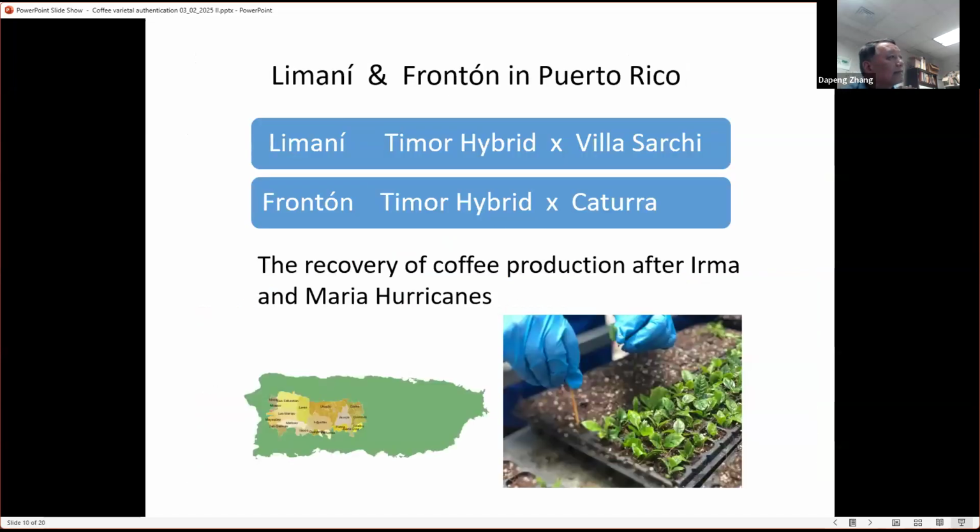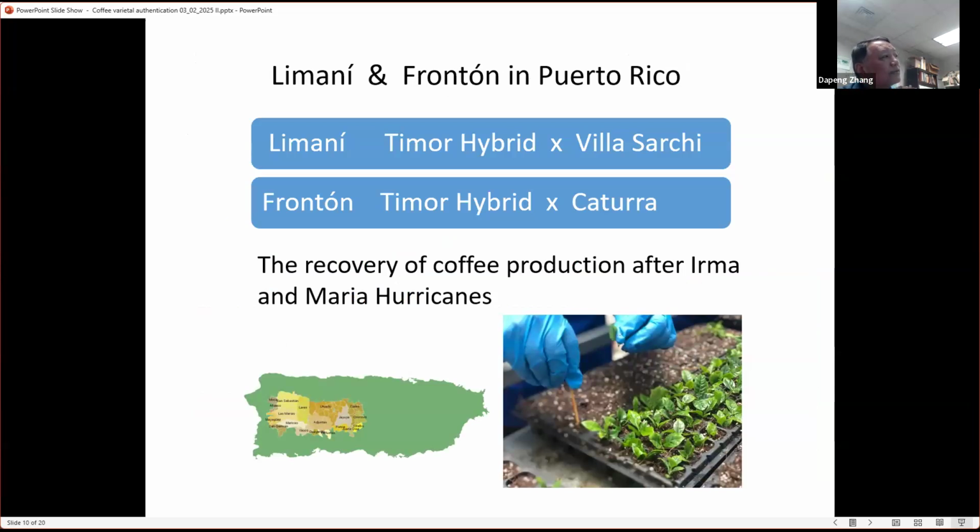My second case study is about the Limani and the Fronton varieties from Puerto Rico. The Limani is a Sachimor variety, a Timor hybrid crossed with Villa Sarchi. And the Fronton is a variety of Catimor, a Timor hybrid crossed with Caturra.